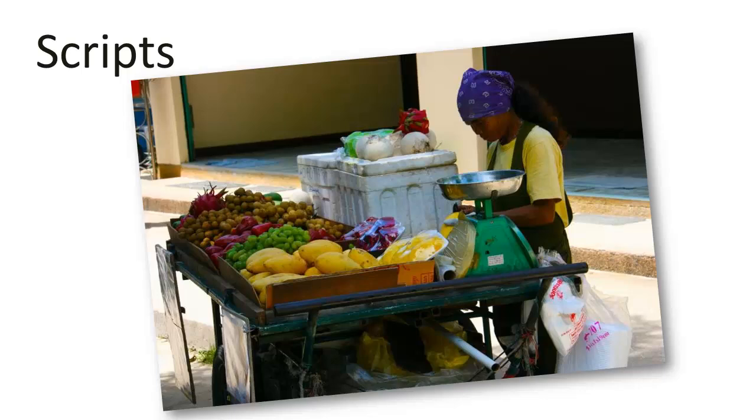How many would you like? Half a kilo? How much is that? Etc, etc. So it's a buying transaction script. It's probably pretty similar all over the world. So this will help you with your listening comprehension because you can use your knowledge of these kind of scripts to help you to understand what's said, because you're expecting what's going to be said.